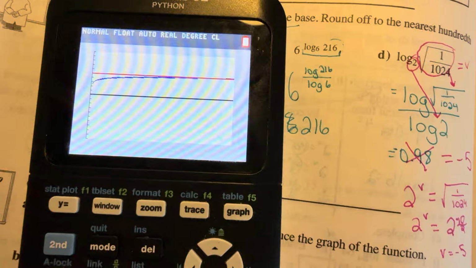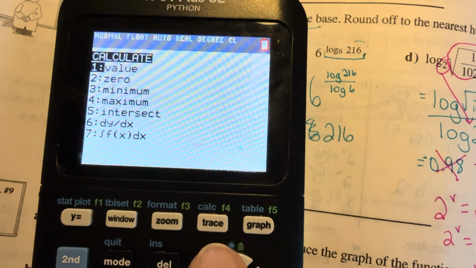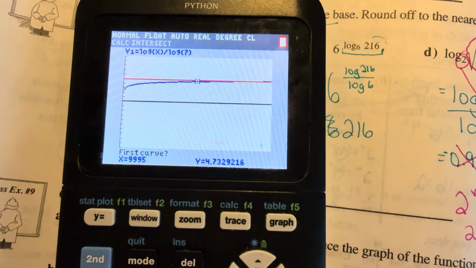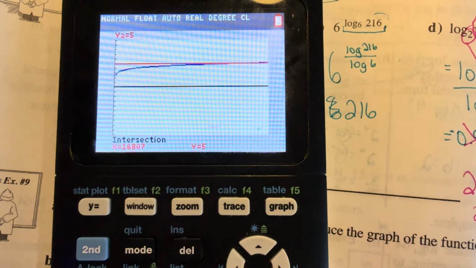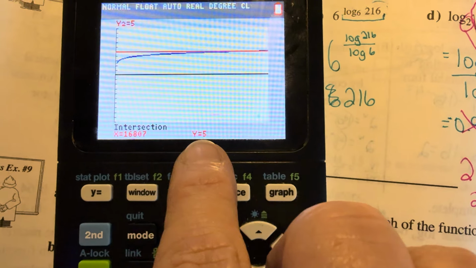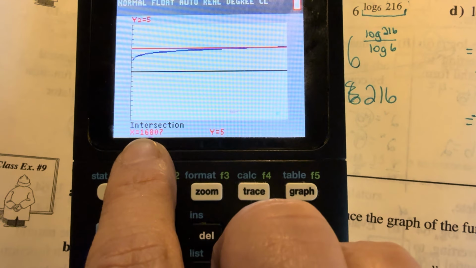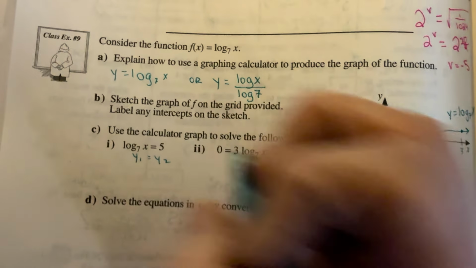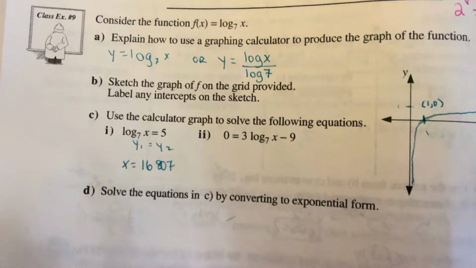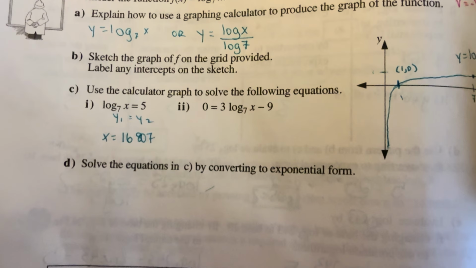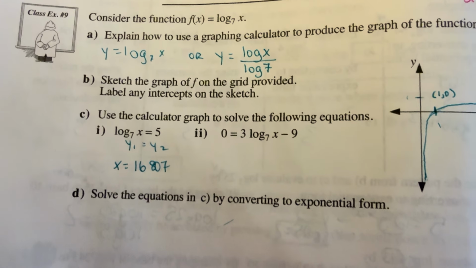There we go. So now I can do the second trace. I want to find the intersection, number 5, and then you go left side, right side, intersection. X is equal to 16,807. Okay, so that's the Y1, Y2.